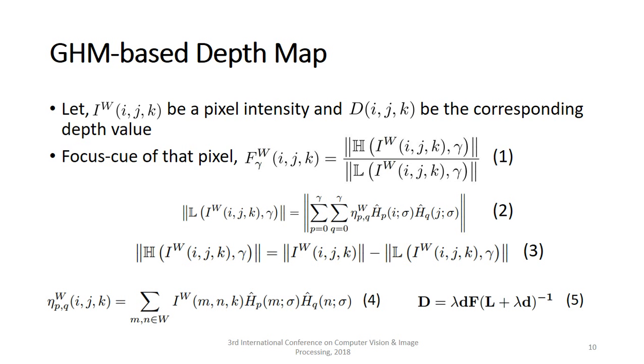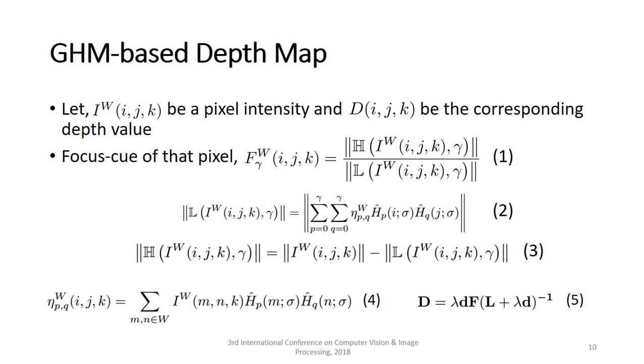This gamma term balances between the boundary of high pass and low pass components, and these two components can be found by using equations 2 and 3, and by equation 4 we will be calculating the Gaussian-Hermite moments of order p, q, and this H_p hat and H_q hat are the Gaussian-Hermite polynomials, where sigma is the spread parameter of these polynomials, and finally using equation 5 we will be calculating our depth map.